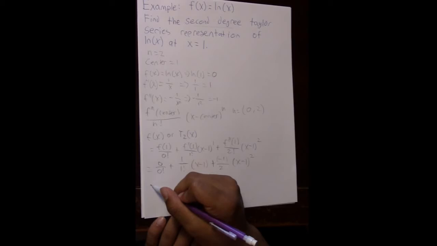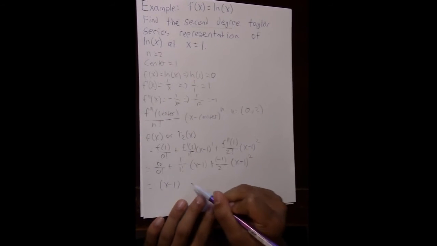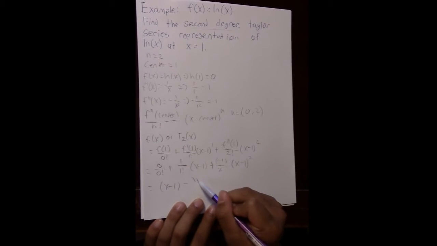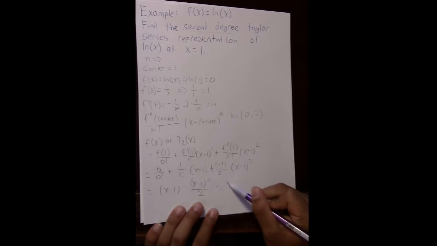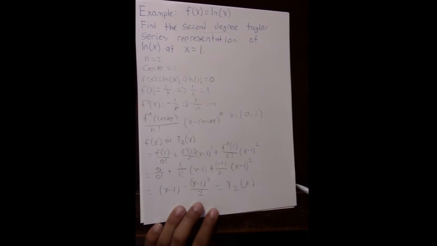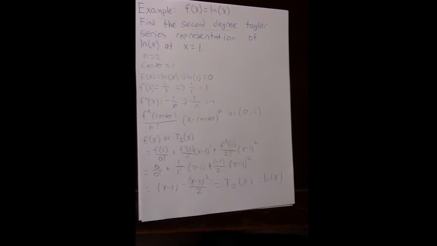And we can simplify this to x minus 1 minus (x minus 1) squared over 2, which is equal to T of x, the Taylor series representation of ln of x.